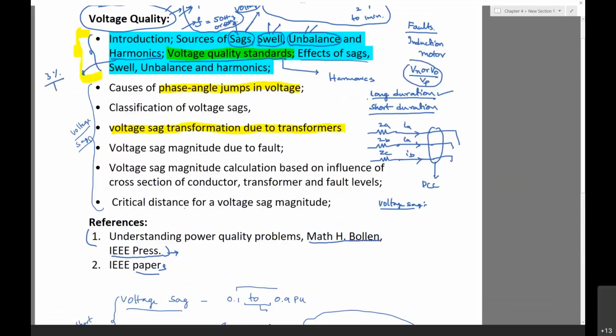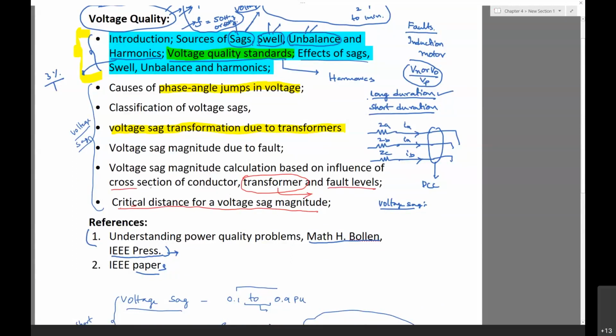We have tried to derive the critical distance of a voltage sag magnitude, and especially this transformer, we have seen directly the voltage sag magnitude with the transformer during the starting of the induction motor, and then the fault level MVA.